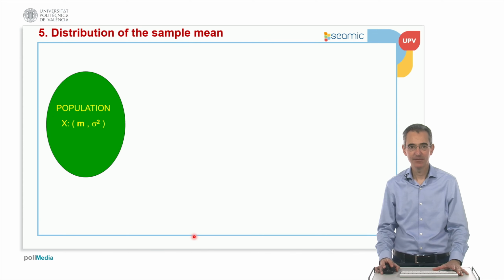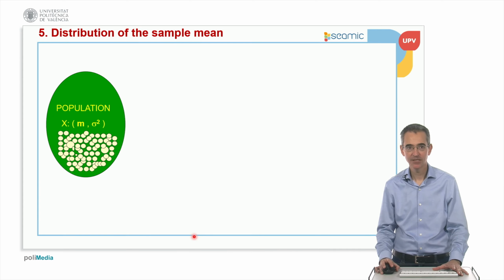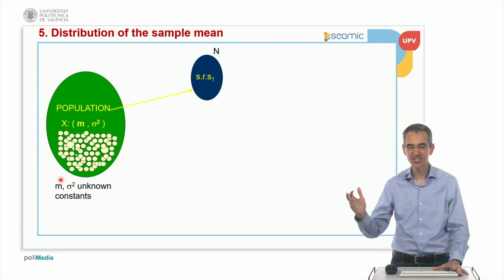Well, imagine that this is the population where we have a property that follows some kind of distribution with an average m and a variance. Imagine that m and the variance are unknown constants of the population. Then we can take a lot of different samples.